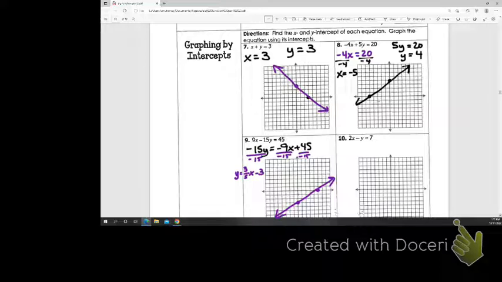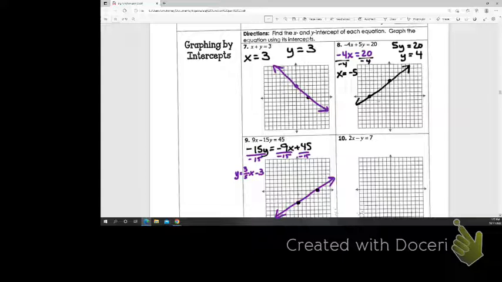So then I would start at negative 3, go up 3, and over 5. And in this case, I get the exact same 2 points. Sometimes you don't get the same 2 points, but it extends and goes through the same 2 points.